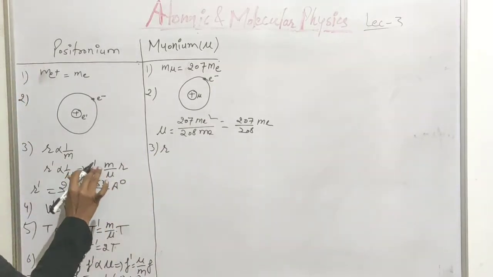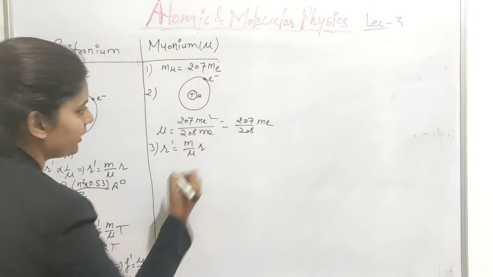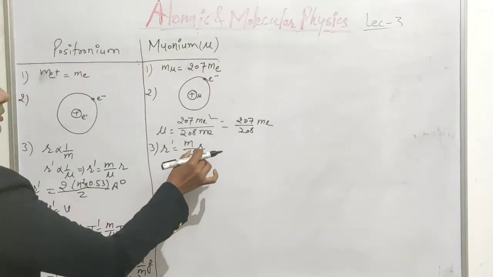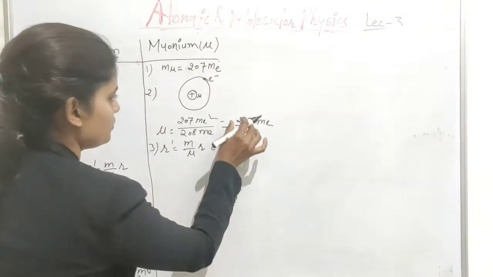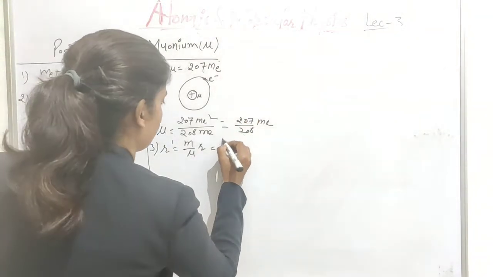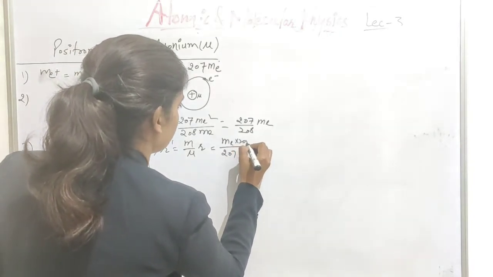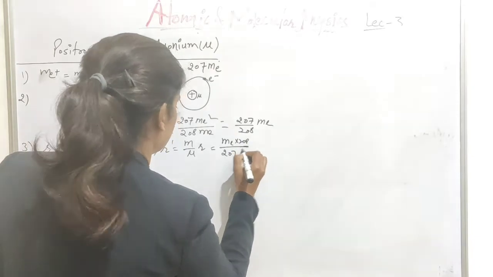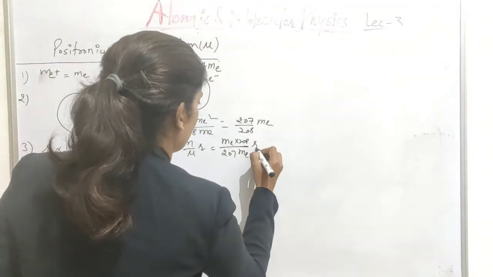So you can easily relate r dash is equals to m over mu into r. So m over mu comes out to be, mu is 207 over 208. So we can write me over 207 into 208 me into r.